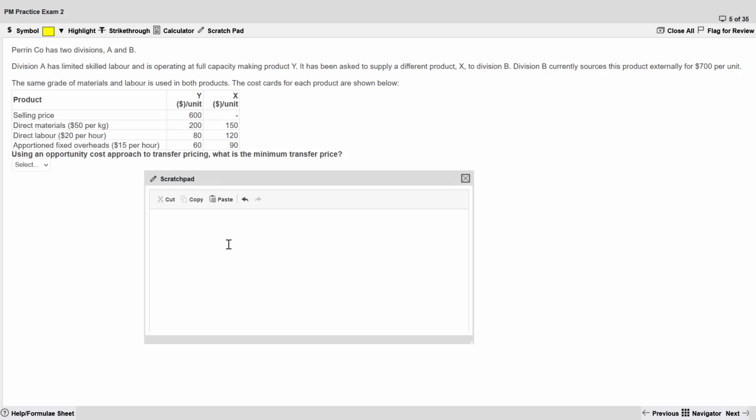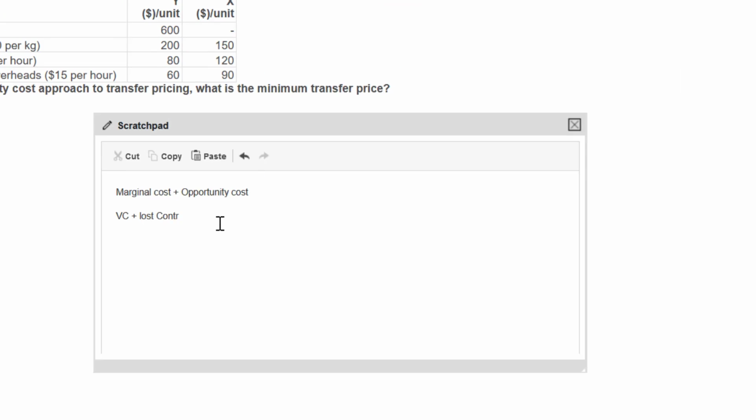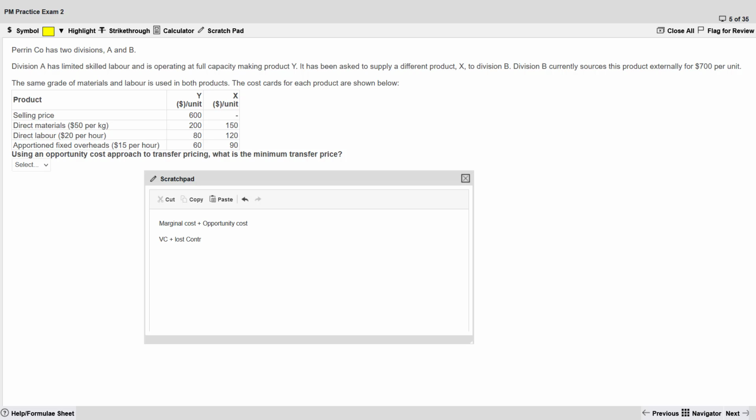The opportunity cost approach to transfer pricing will simply be the marginal cost plus the opportunity cost. Those are fancy words for simply saying it's the variable cost plus the lost contribution from choosing a course of action. Now that we have the formula, we can read the story and see what's there.